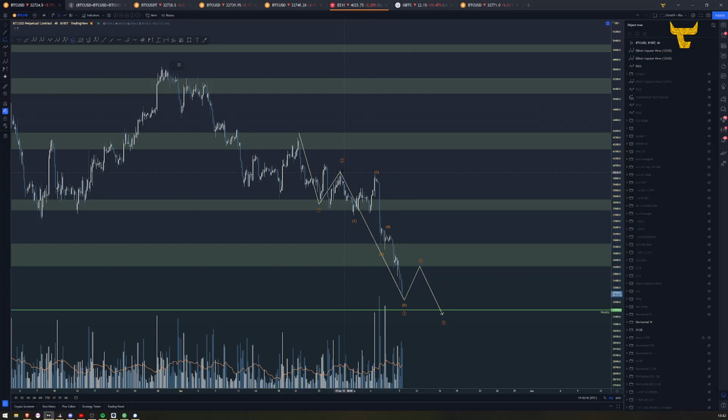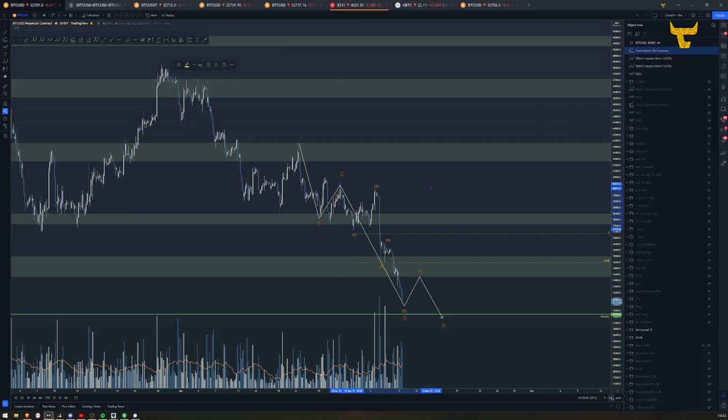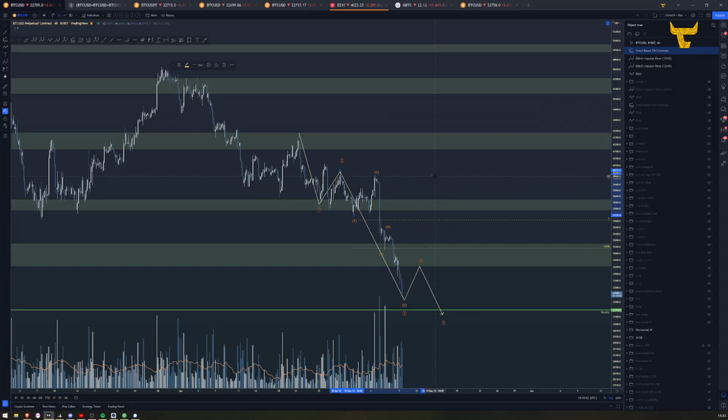Just checking the extension. So we saw it was just 161.8. Okay, that's good. This is good.